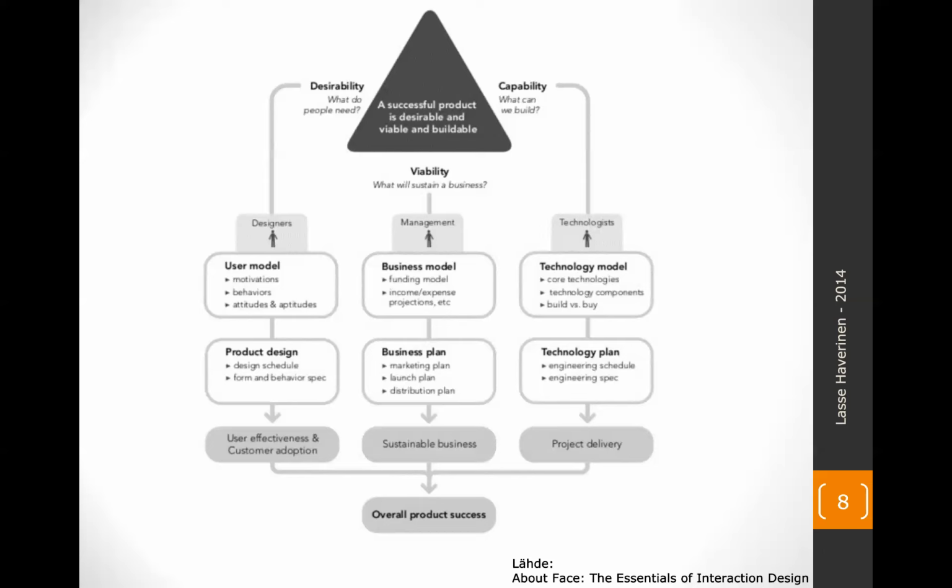Then there should be a reasonable and sustainable business model behind the product, and this designed product should also be implemented by the technology people. All these three or four categories, if we split the business people into marketing as well, the people and their goals and their schedules, must align so that there might be some product success.